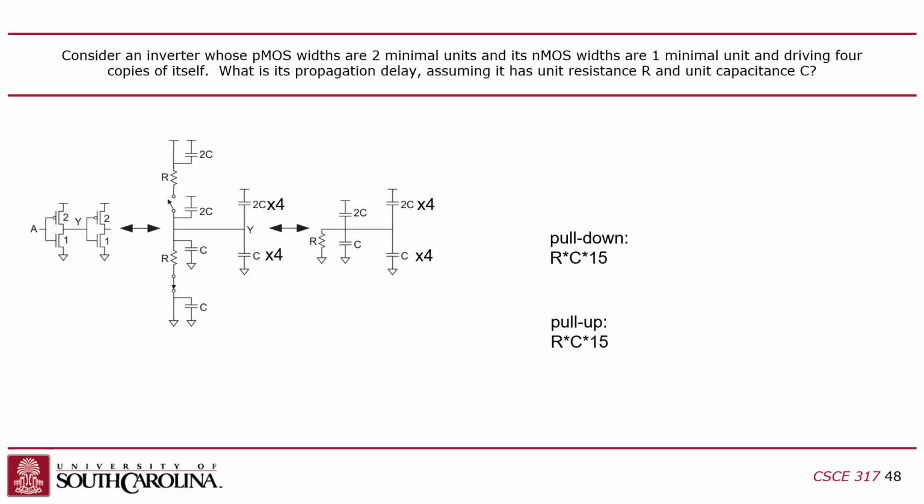You just end up with R, and then you have 3 units of capacitance for the source capacitor for the PMOS and NMOS, and an additional 3 times 4, 12, right? So it's 3 plus 12 is 15. So RC times 15, right? You guys with me? So what is this? I mean, what are we talking like for this? What would it be for a modern chip?